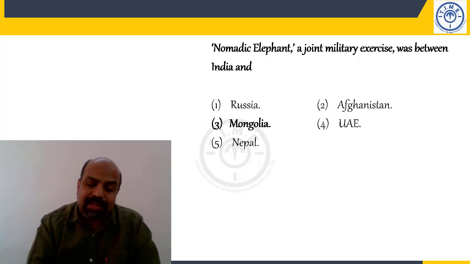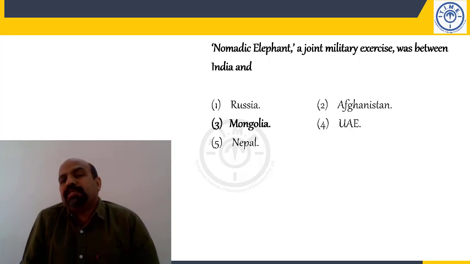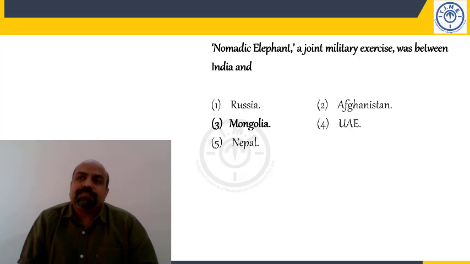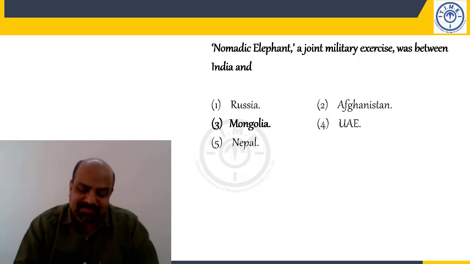Ulaanbaatar. That's the capital. Dash. The president's name is Khaltmaagiin Battulga.